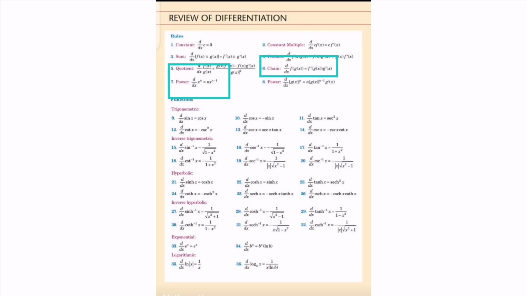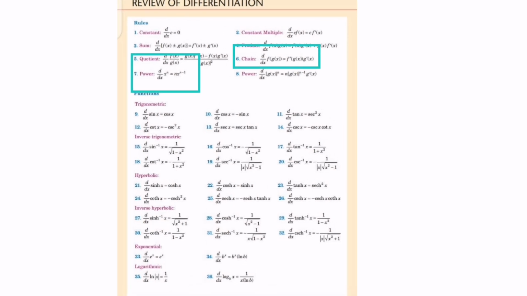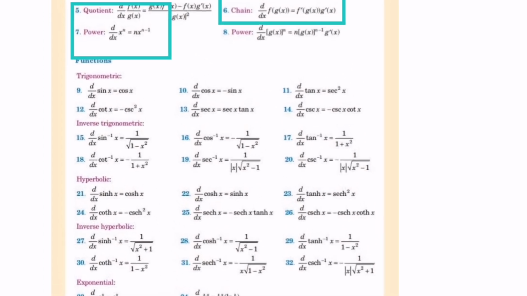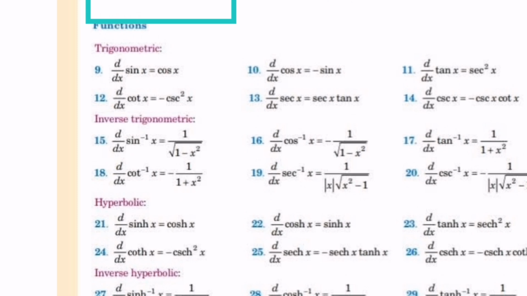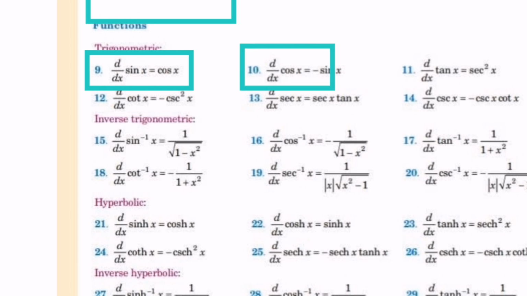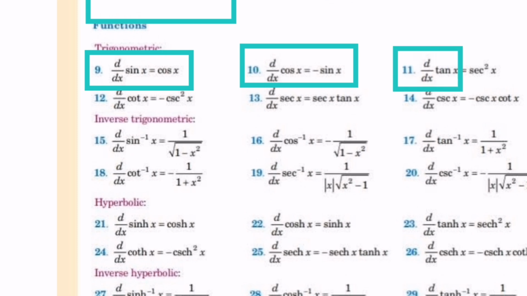Now we want to discuss derivative of trigonometric functions. First one, derivative of sine is equal to cos x. Derivative of cos is equal to minus sine x. Derivative of tangent is equal to secant square x.